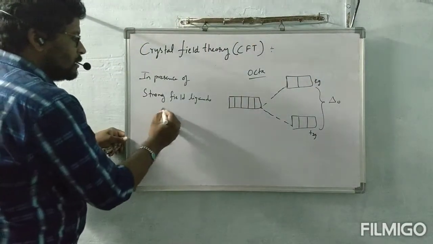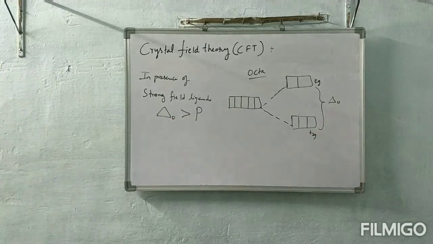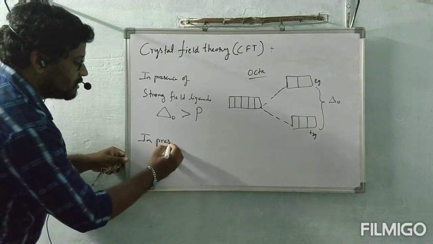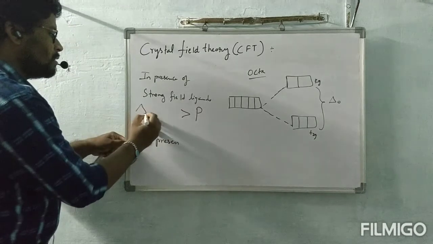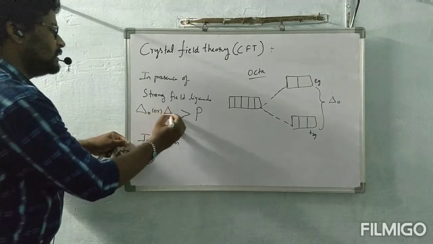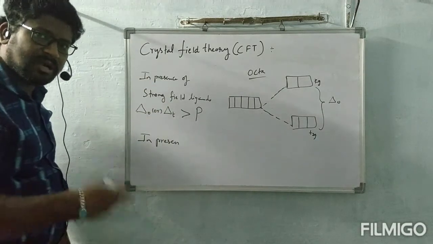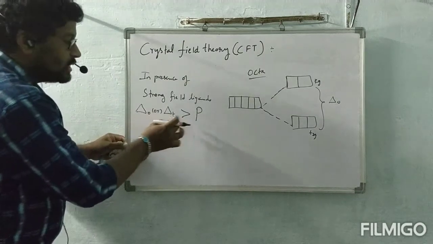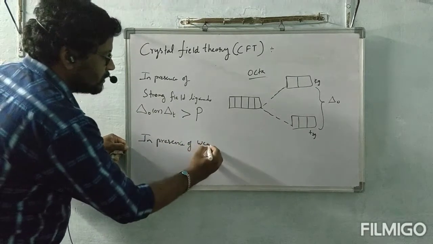Meaning of this, delta naught is greater than P. In presence of strong field ligands, delta naught is greater than P. One more thing, delta naught or delta T, the difference is very high in tetrahedral complex or octahedral complex, whatever it is.